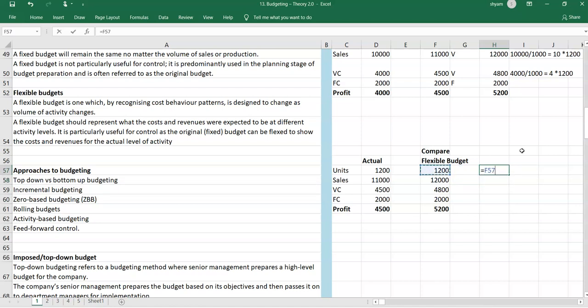He should have sold 1,200 units, and he has sold 1,200. That's great. But he should have made an income of 12,000, and he has made an income of only 11,000. So 11,000 is actually bad. That's a problem here. So I think we should subtract like this.